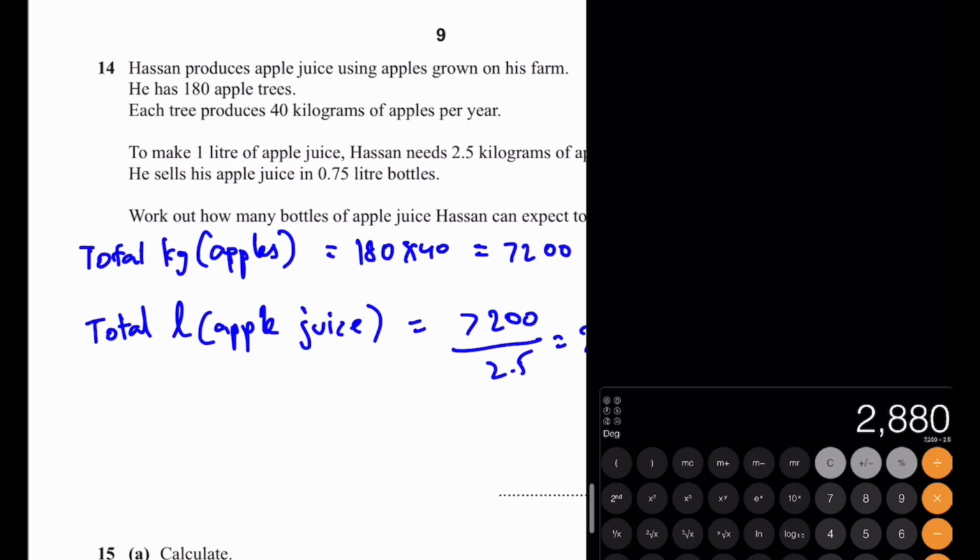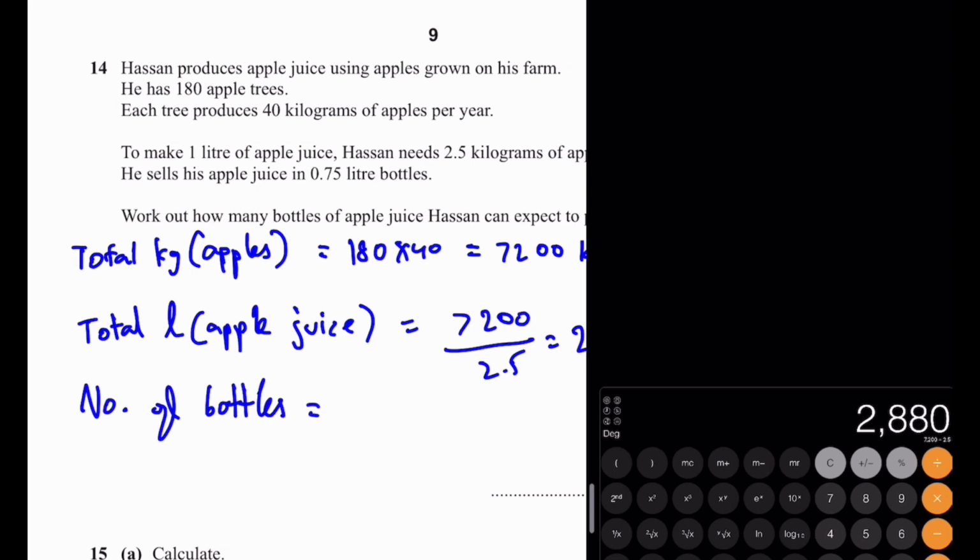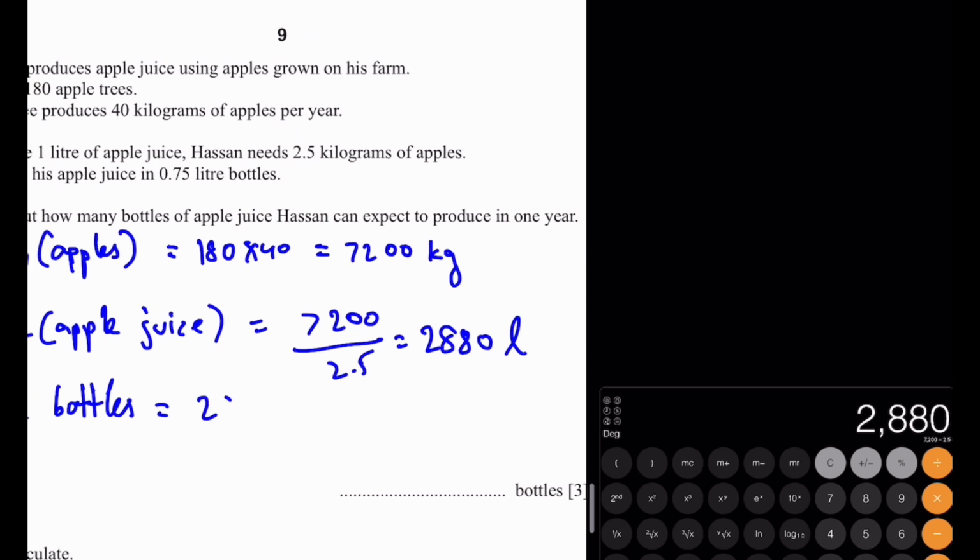And then the number of bottles is equal to 2880 divided by 0.75. And let's do that. The answer is 3840 bottles per year. So let's write that down.